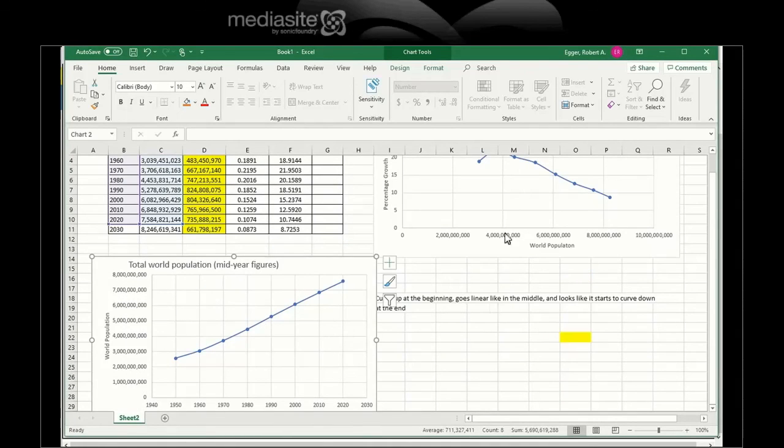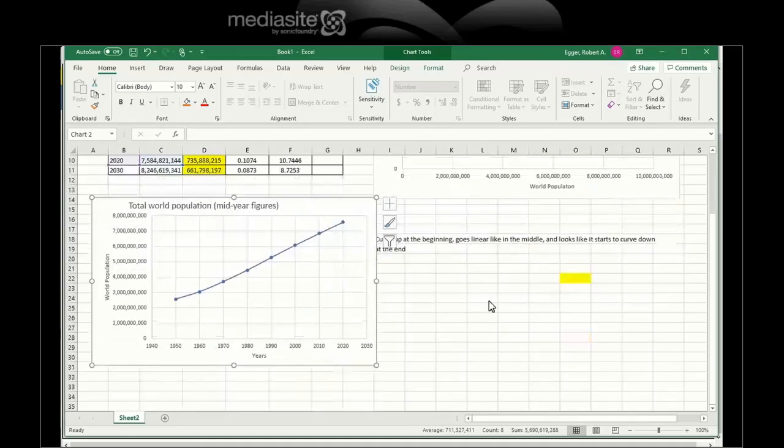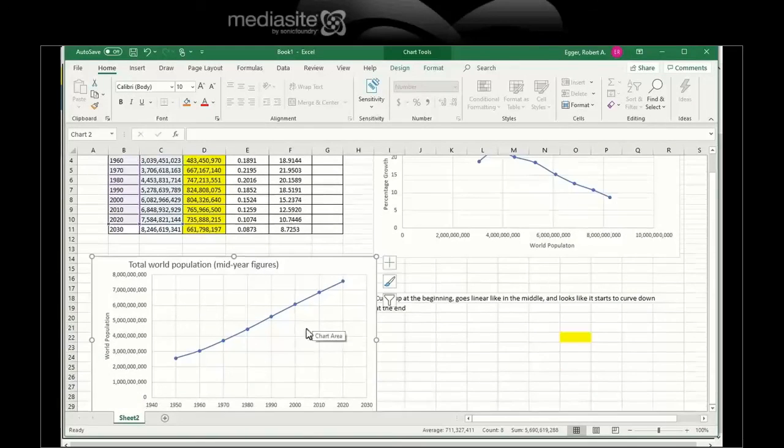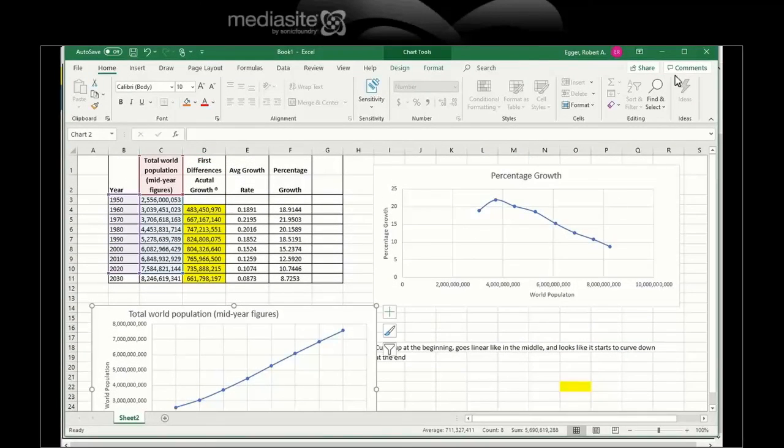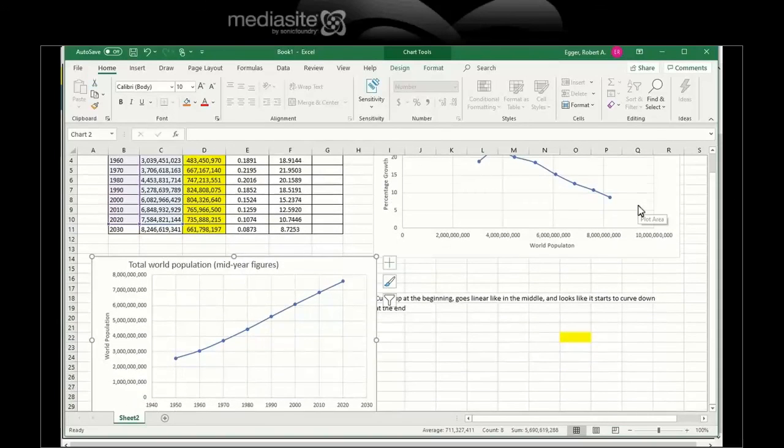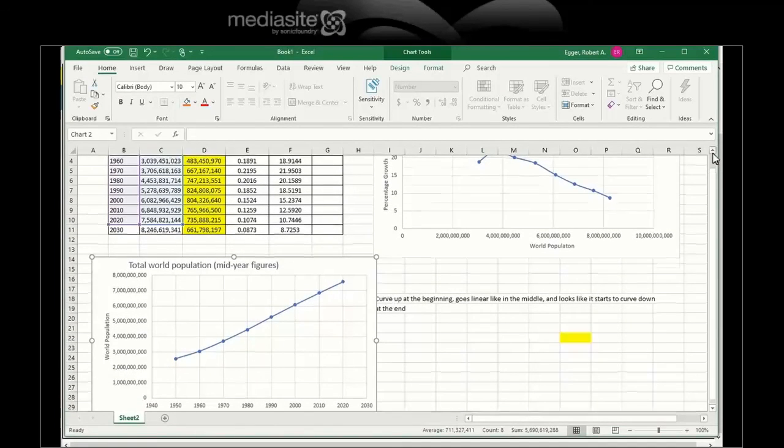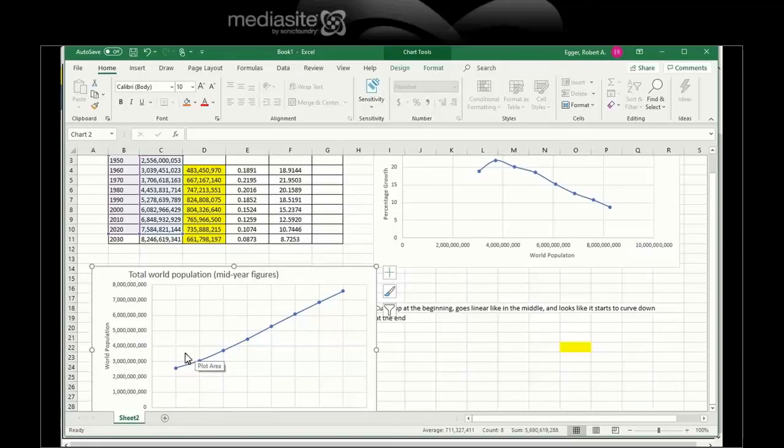Okay, and also kind of like showed how it was kind of like curved, still kind of like curving up here.